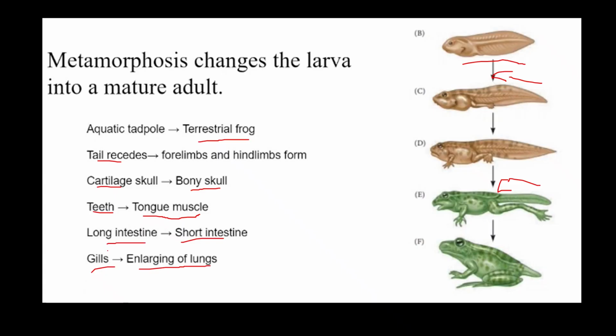So these are some of the adaptations that change during development to produce an adult frog. And as I said before, during the semester we are not going to talk about this a lot, but this is a component that is important to understand.